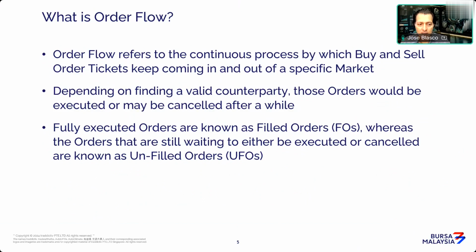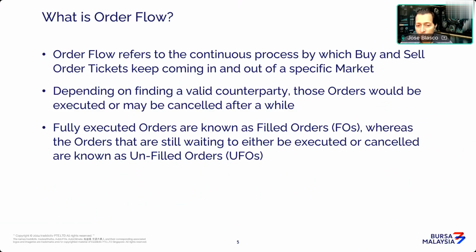So, from a terminology point of view, the orders that were executed, because they did find the counterparty, we call filled orders. Executed orders could also be called filled orders. We normally refer to them as FOs.